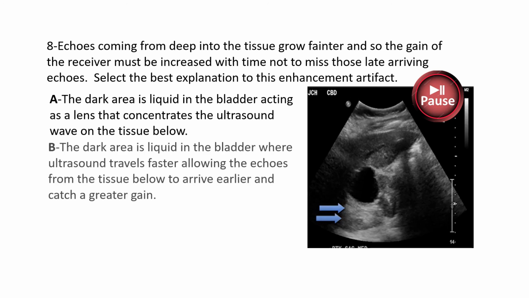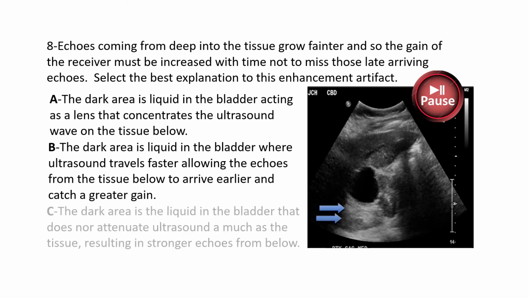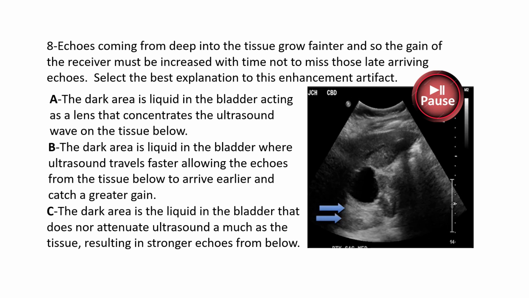Here's B. The dark area is liquid in the bladder where the ultrasound travels faster, allowing echoes from the tissue below to arrive earlier and catch a greater gain. And C. The dark area is liquid in the bladder that does not attenuate ultrasound as much as the tissue, resulting in stronger echoes from below. Hit pause.